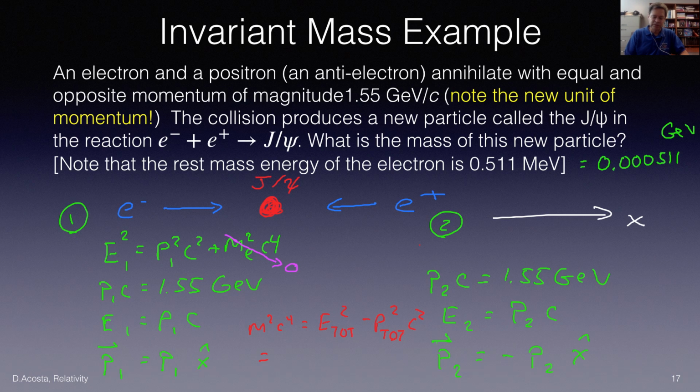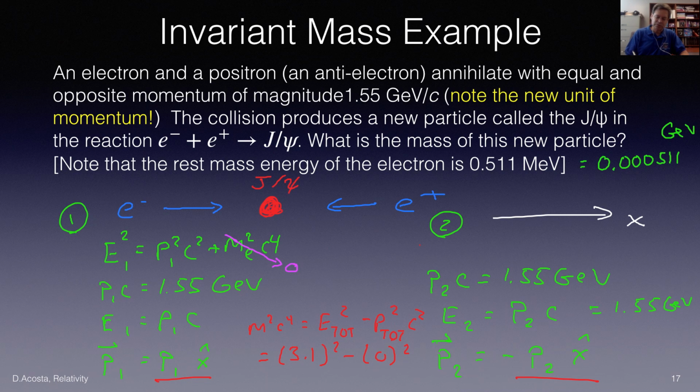The total energy is E1 plus E2, and each of those energies is going to turn out to be 1.55 GeV. So I'm going to get the sum, which is 3.1 GeV squared, minus the magnitude of the total momentum squared. But P1 and P2 are in equal and opposite directions, so they cancel when you sum them together. I have 1.55 minus 1.55, so I'm subtracting 0 squared here.